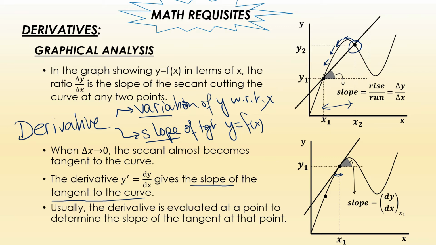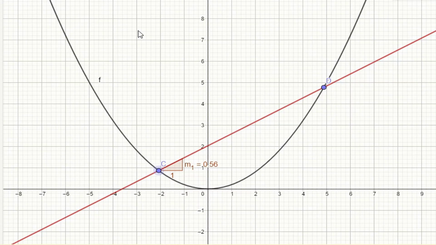Now, mathematically speaking, what forms of derivatives are we supposed to know? Let's check. To see what we have talked about concerning secant and tangent, I have generated here a function, a parabola, y equals 0.2x squared, and on that parabola we've chosen 2 points C and D, which right now are away from each other.